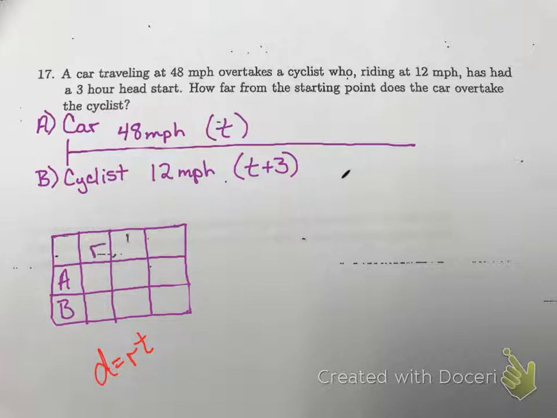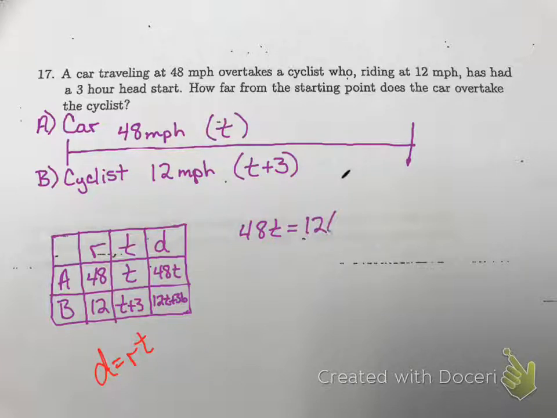The cyclist has gone for T plus 3 hours. Okay? So, the rates are 48 and 12. Time is T and T plus 3. So, distance for A is 48T. Distance for B is 12T plus 36. Okay? And they're going to end up in the same spot. So that means that the distances are both equal.